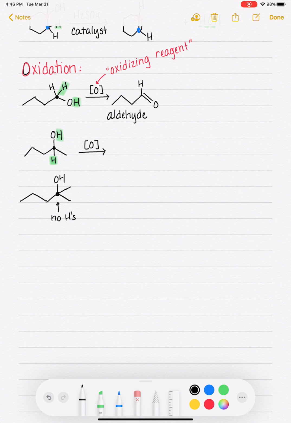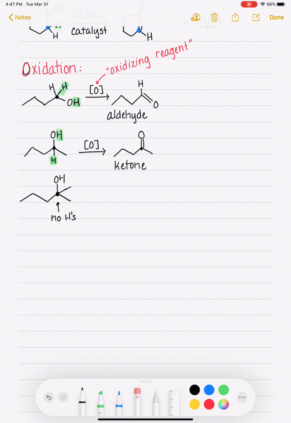So both of those go away, and we're left with this. There's no hydrogens on this carbon anymore, and we have to create a carbon-oxygen double bond. This functional group is called a ketone. We need to create that double bond to make sure that all the atoms have the right number of bonds.